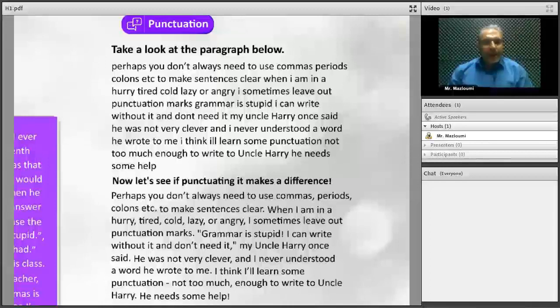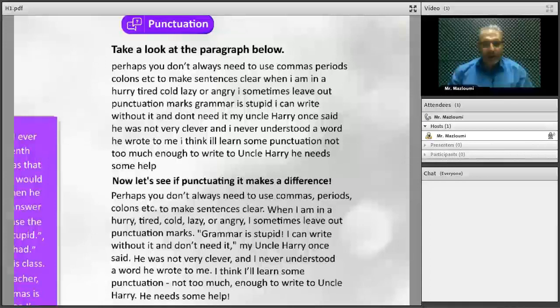Well, perhaps you don't always need to use commas, periods, colons, etc. to make sentences clear. When I'm in a hurry, tired, cold, lazy, or angry, I sometimes leave out punctuation marks. Grammar is stupid. I can write without it and don't need it.